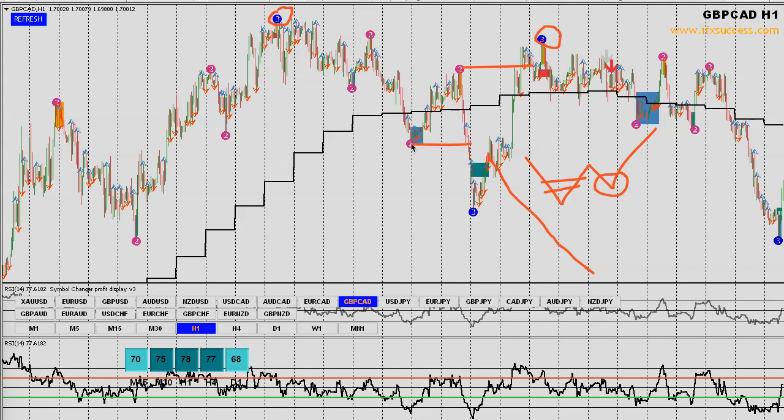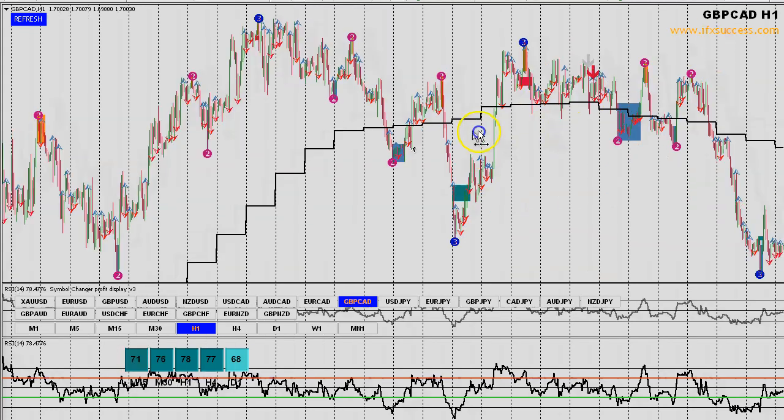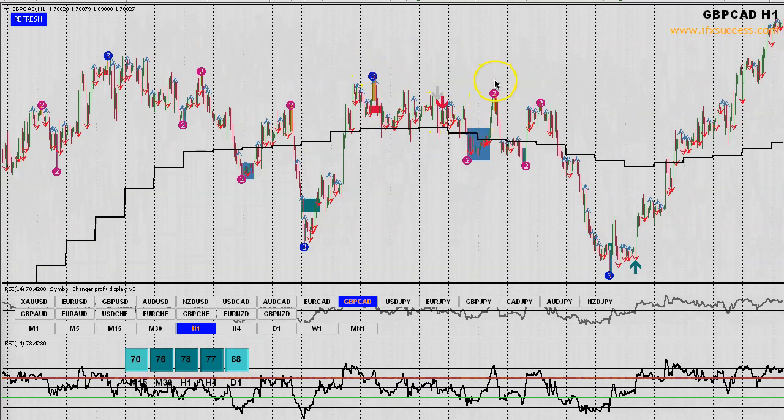Sometimes we can see we're definitely making lower highs, and price has already tested the moving average. Price can now just drop. That's the idea. Or else we can wait for another M formation and then drop.